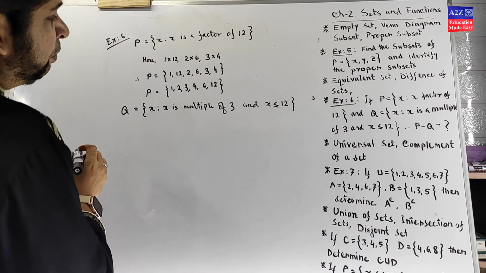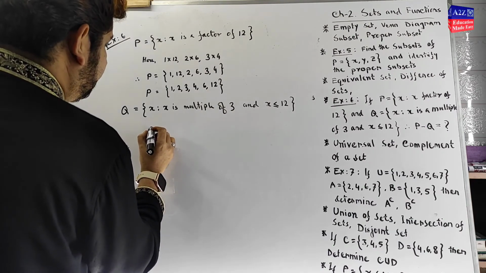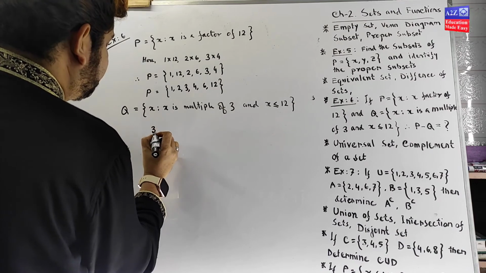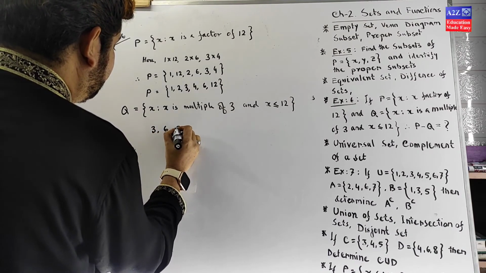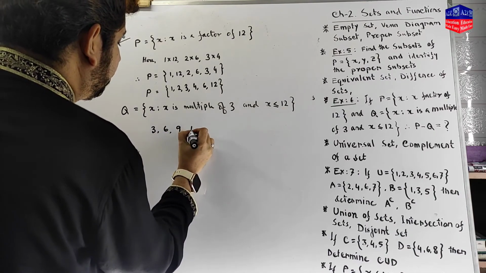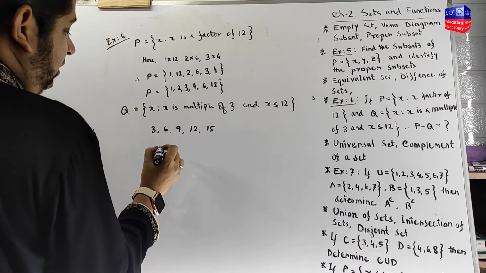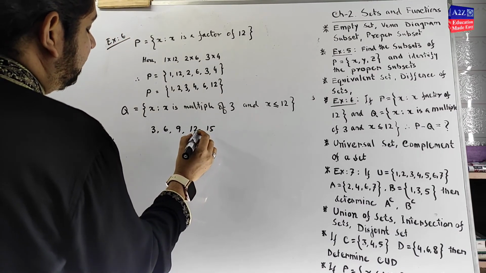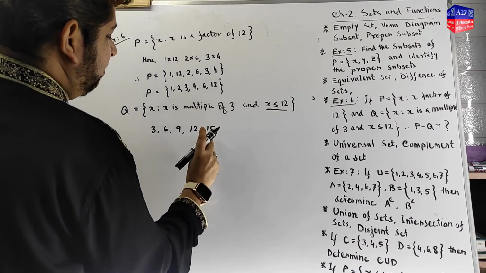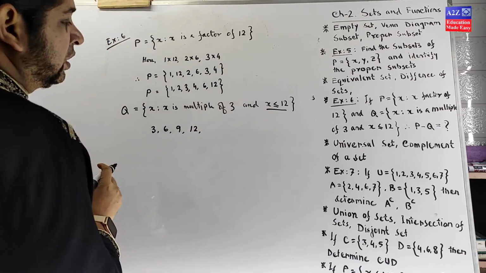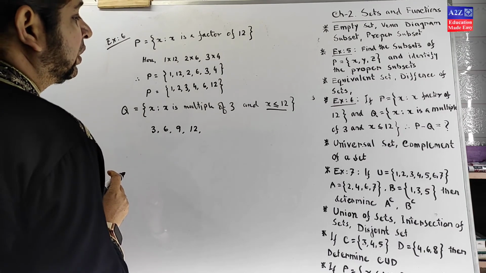We combine both these properties using the AND condition. Let's say 3 itself is a multiple of 3, 6 is a multiple of 3, 9 is a multiple of 3, 12 is a multiple of 3, 15 is a multiple of 3. Okay, these are the multiples of 3. But if I limit by these conditions, then 15 will not come under these properties, since X is less than or equal to 12.